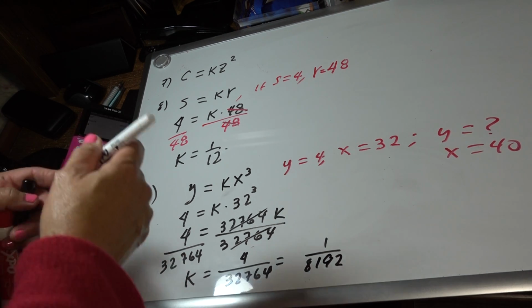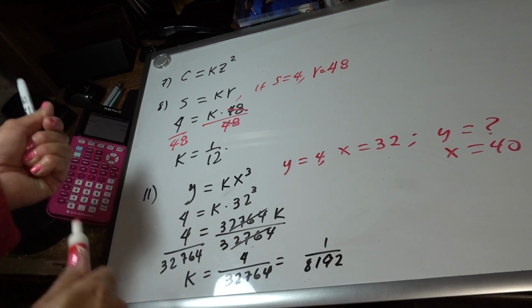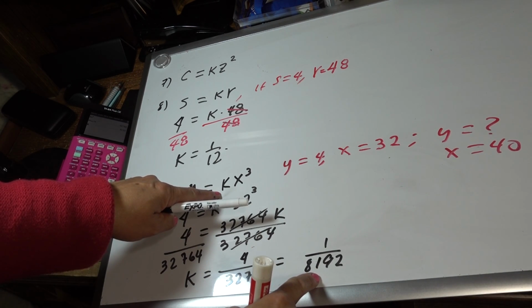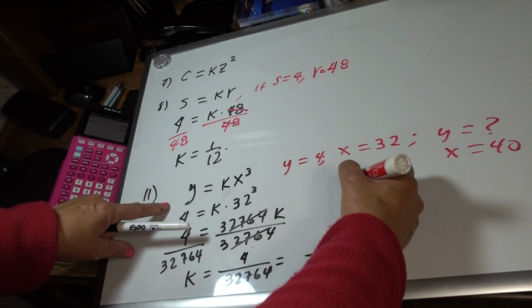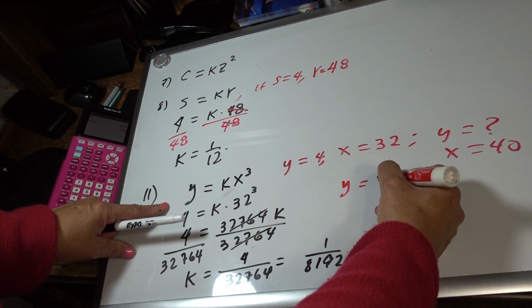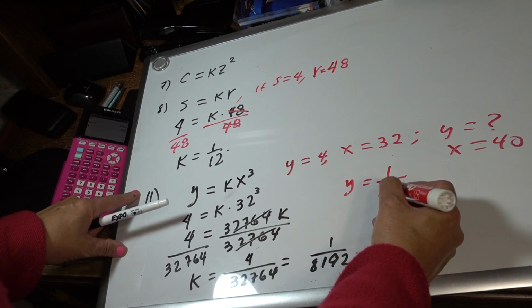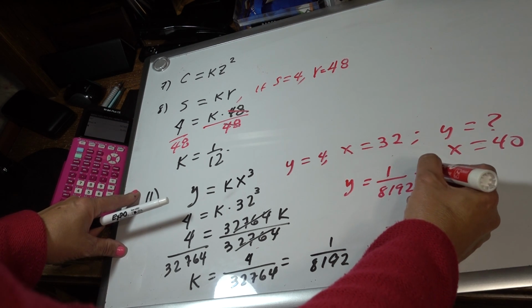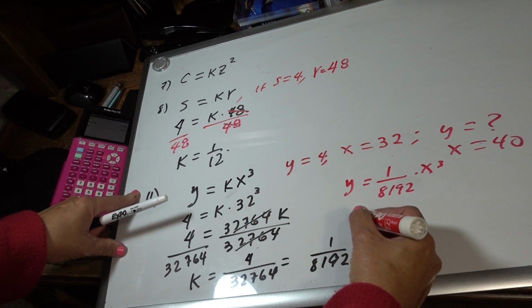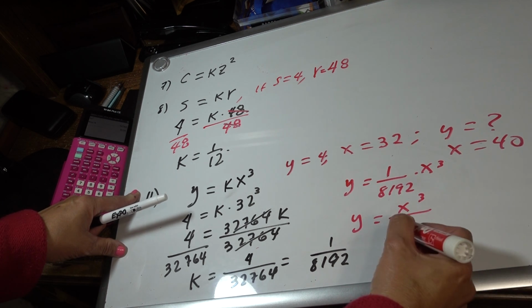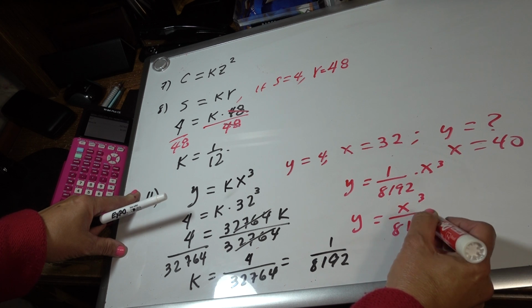So the equation for this one, using K as this value, 1 over 8,192, the equation is y equals 1 over 8,192 times x cubed. In other words, y equals x cubed over 8,192.